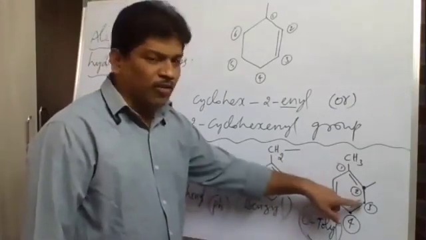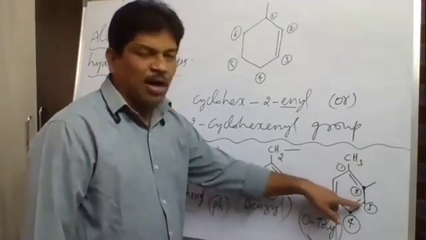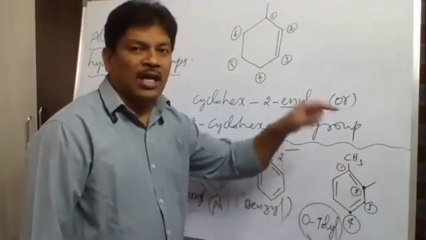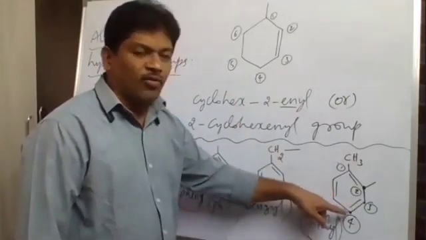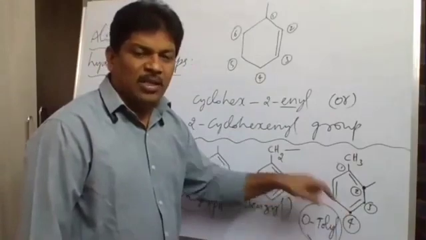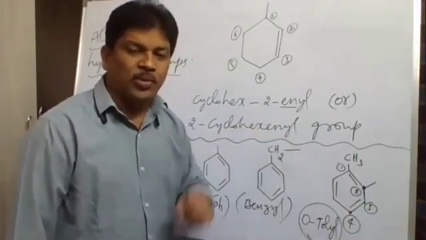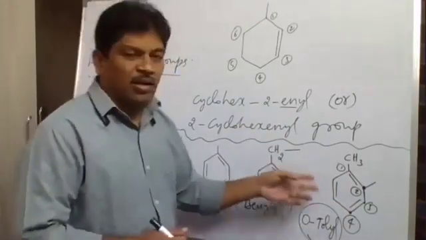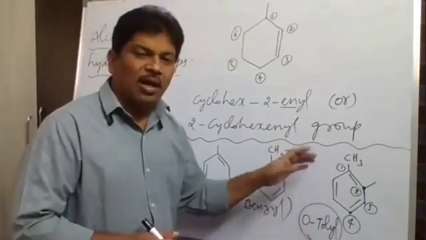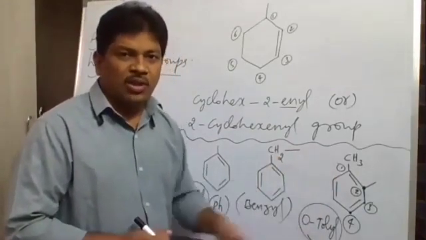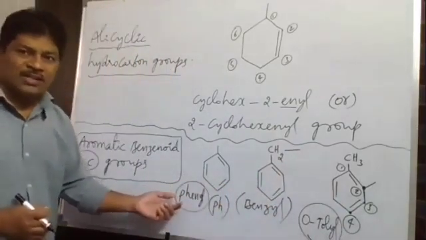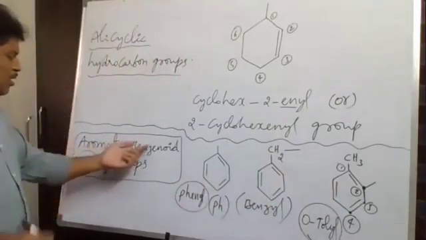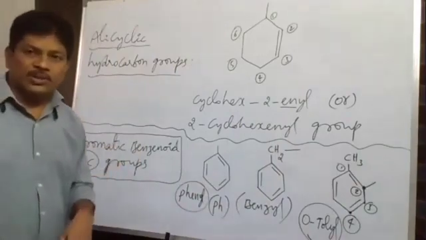If you remove hydrogen from the meta carbon, that is called the metatoluyl group. And if you remove hydrogen from the para carbon atom, that is called the paratoluyl group. In this way, we get metatoluyl, paratoluyl, orthotoluyl groups. So all these toluyl groups, the benzyl group, and the phenyl group are examples of aromatic benzenoid hydrocarbon groups.